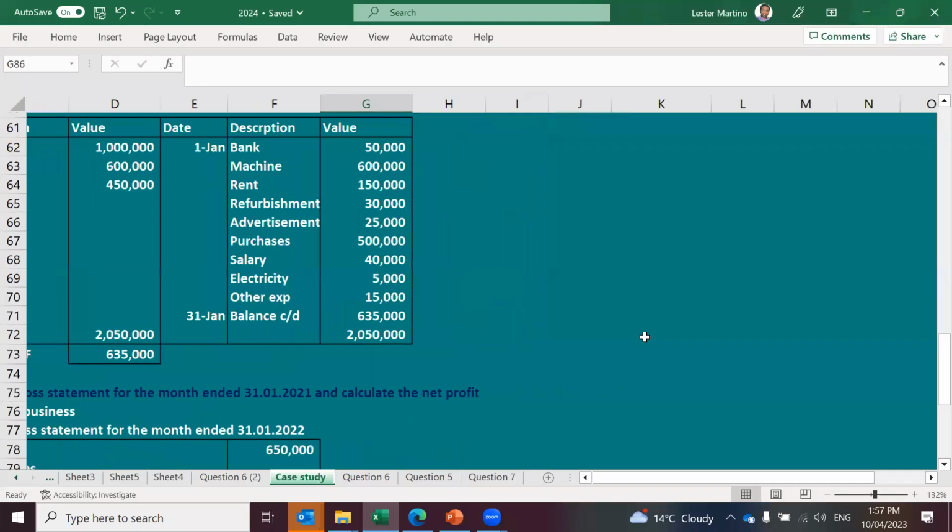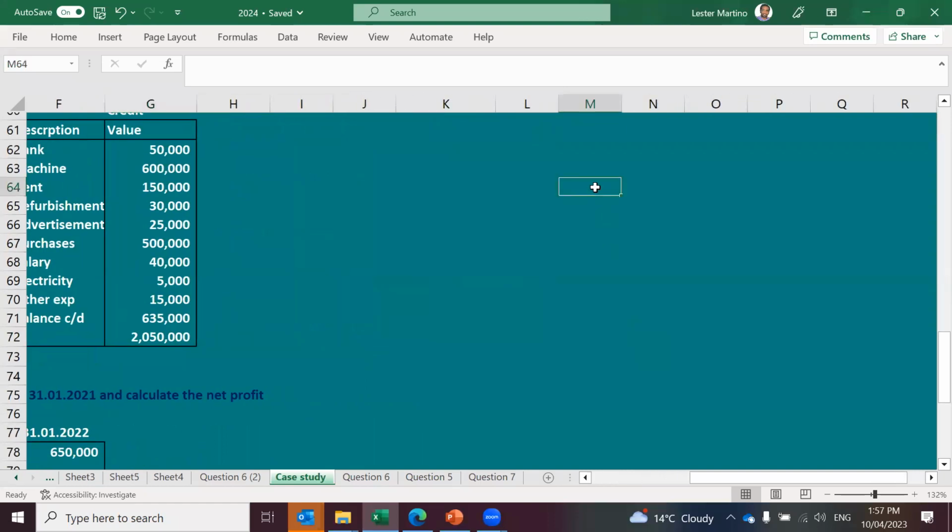I'm just giving a brief understanding of the profit or loss statement. You need to record all your revenue and expense items. That's all. What comes to the cash book is cash coming in and cash going out, cash receipts and cash payments. That's all. What comes to the income statement or profit or loss statement is revenue items and expense items.